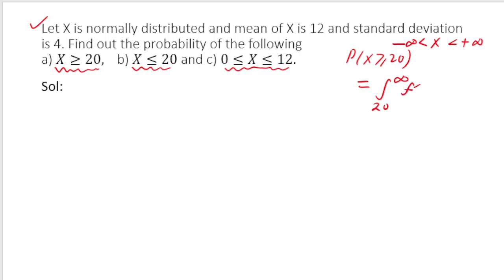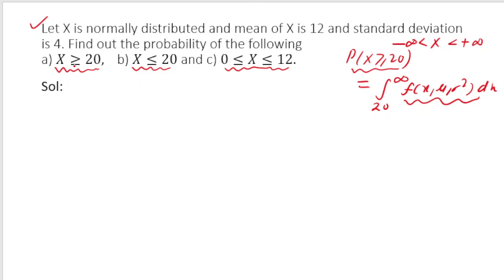And then we will integrate f of x, mu, sigma square dx. But this is not something that we are going to do, because they have made our life easier by already doing some computation and have created a normal distribution table.